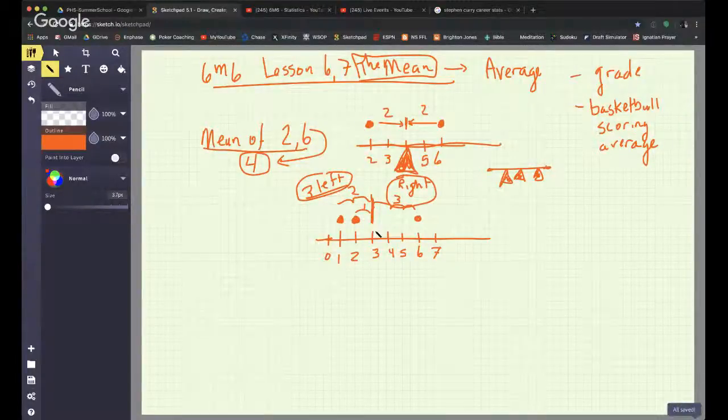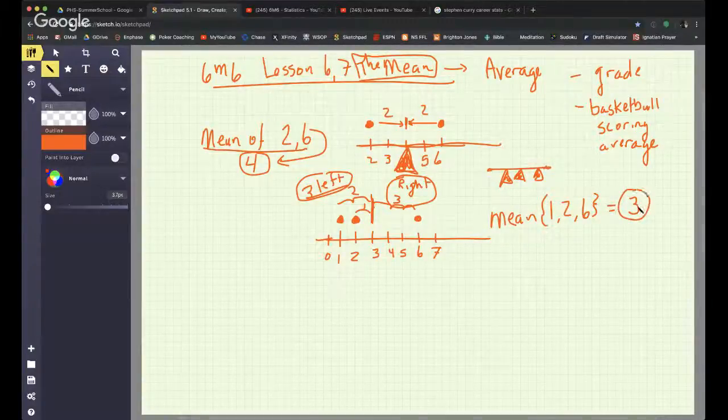So this is a graphical way of seeing the mean. The mean of 1, 2, and 6, if we look at that as a data set, is equal to 3 because it balances.